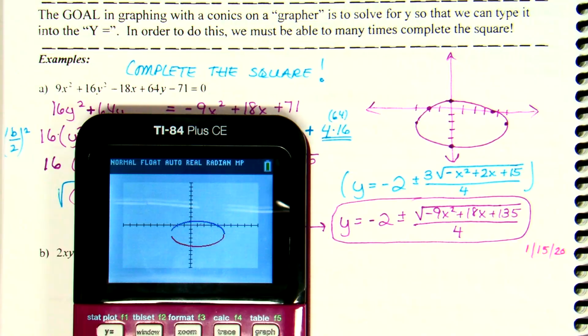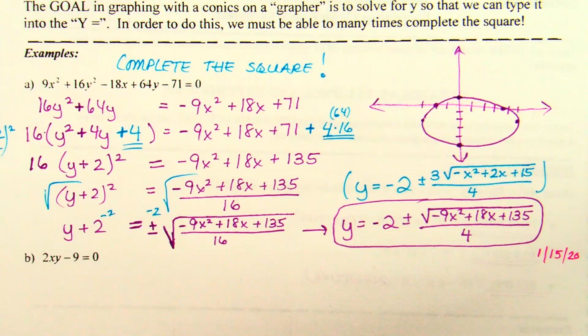Divide by 2x. And so then I end up with the equation y equals 9 over 2x. Do I have it in y equals form? Yeah. Okay. So occasionally you'll get these pretty easy ones. When you graph this, there is just one piece to graph, nothing fancy.